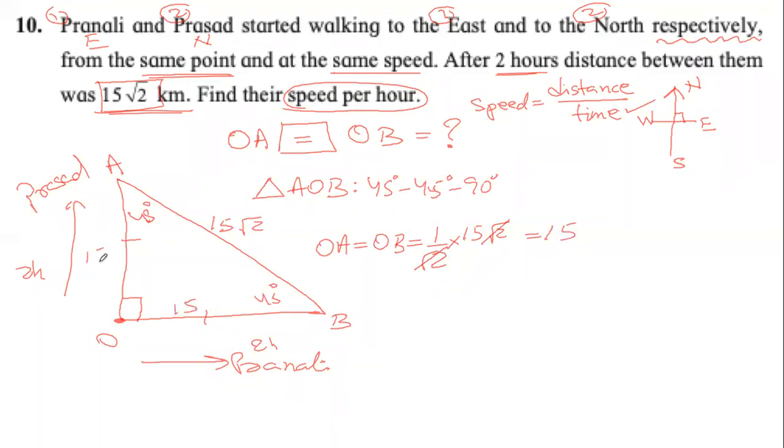This is also 15. Now we know that Prasad covered 15 kilometers in 2 hours. Pranali also covered 15 kilometers in 2 hours. Therefore, speed equals distance, which is 15, by time, which is 2, comes to 7.5 kilometers per hour.